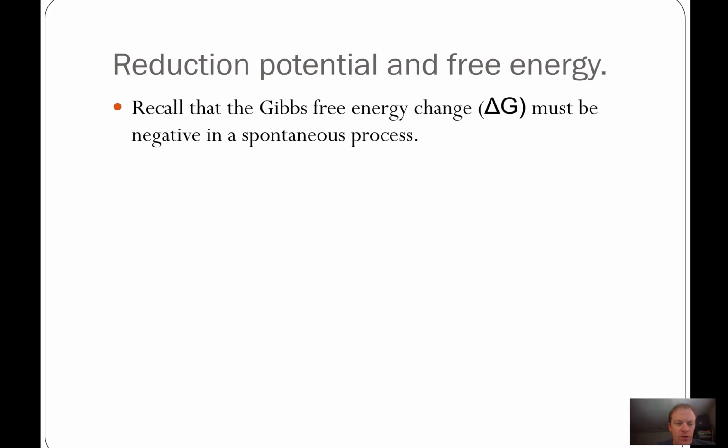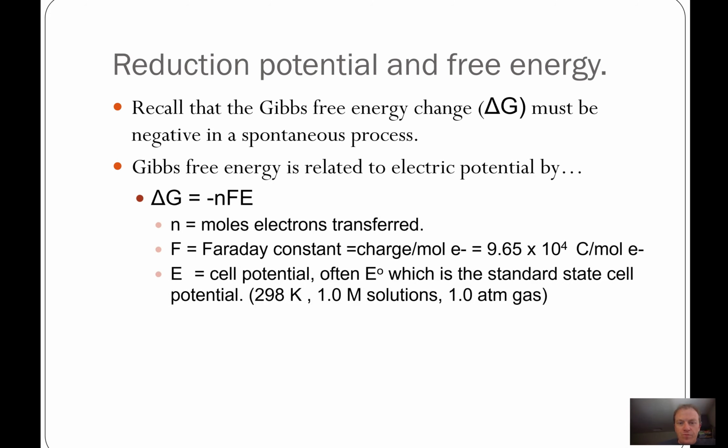So another thing I want to talk about here quickly is there's a way to convert between Gibbs free energy and cell potentials. And there's a little equation, decently easy to use. You'll find it in your data booklet. So Gibbs free energy must be negative in a spontaneous process. That's something we talked about in the energetics unit. This is the little equation, again, it's in your data booklet. Gibbs free energy, this is moles of electrons transferred.